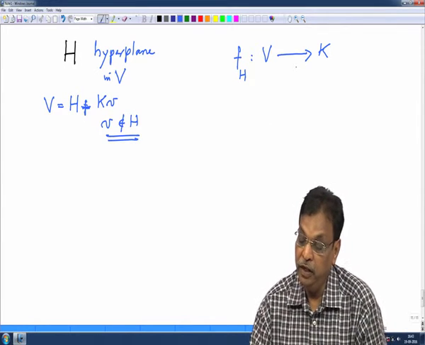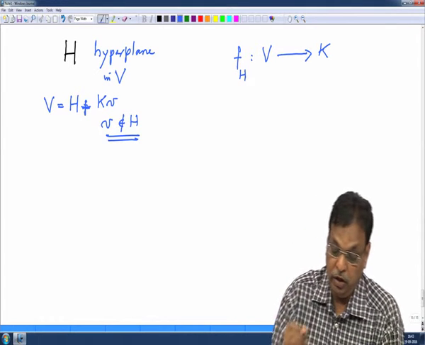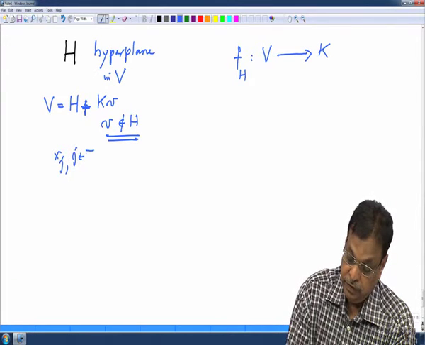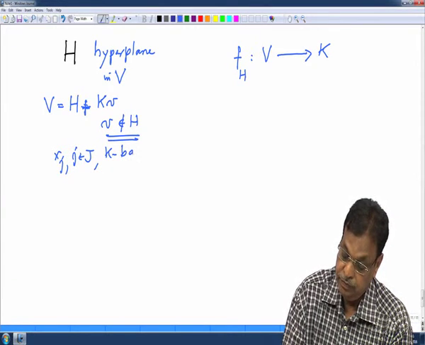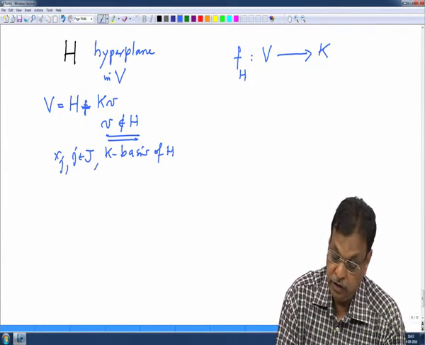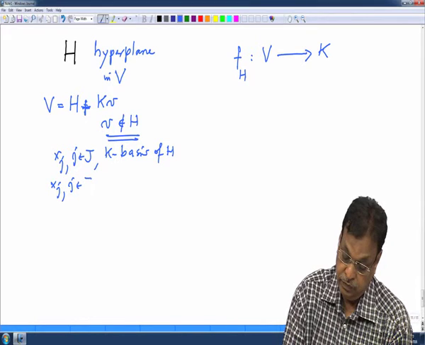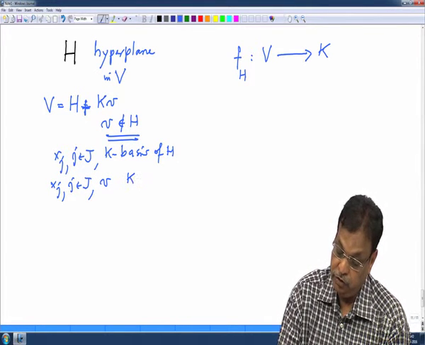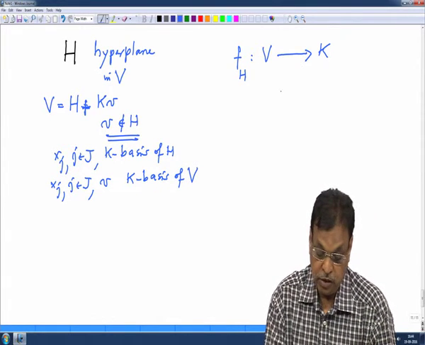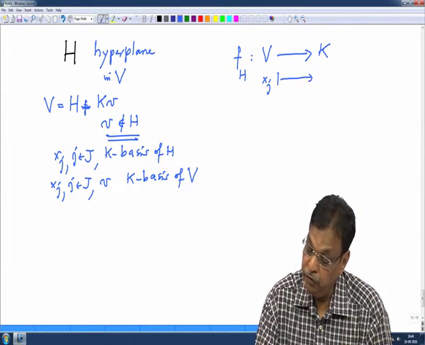If I have to define a linear form, I have to define its values on a given basis. So, take a basis of H, xj, j in J, this is a K basis of H, and then I know the basis of V: xj along with v is a K basis of V. To give this linear form I just have to define where the xj go and where v goes.